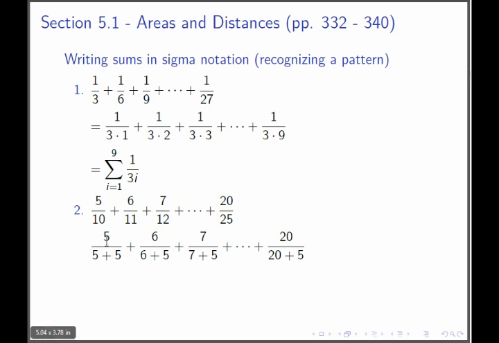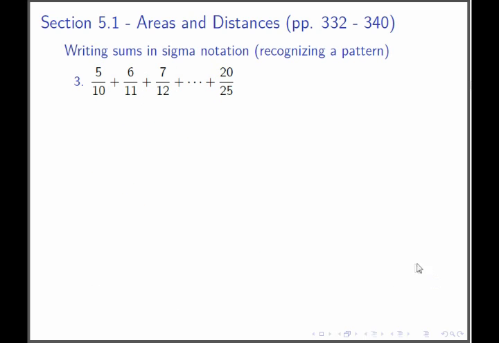Well then the pattern is that these two numbers agree in each of these terms and are increasing, while this 5 remains constant in each term. And so this number here and here is our index, which grows from 5 to 20. So the way we can write that is this. We replace that number which was growing with this index, and we let the index range from 5 to 20.